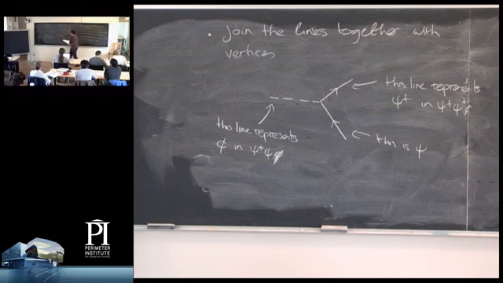And the reason we've got a trivalent vertex is precisely because our interaction term was cubic in fields. So if we had a term that was quartic in fields, we'd draw pictures with 4 legs all meeting at a point.